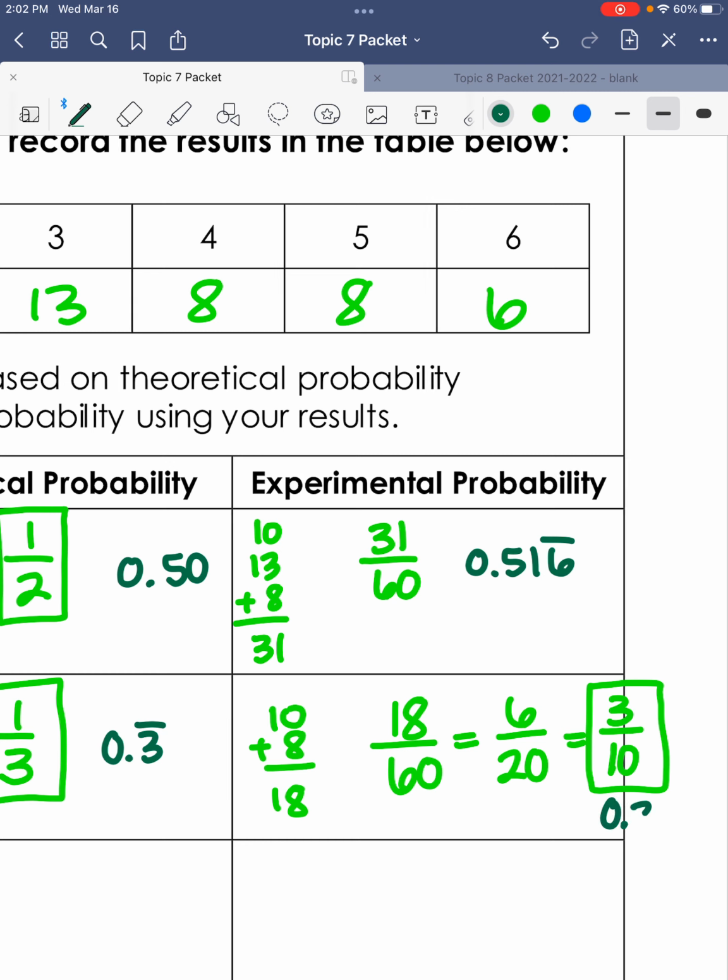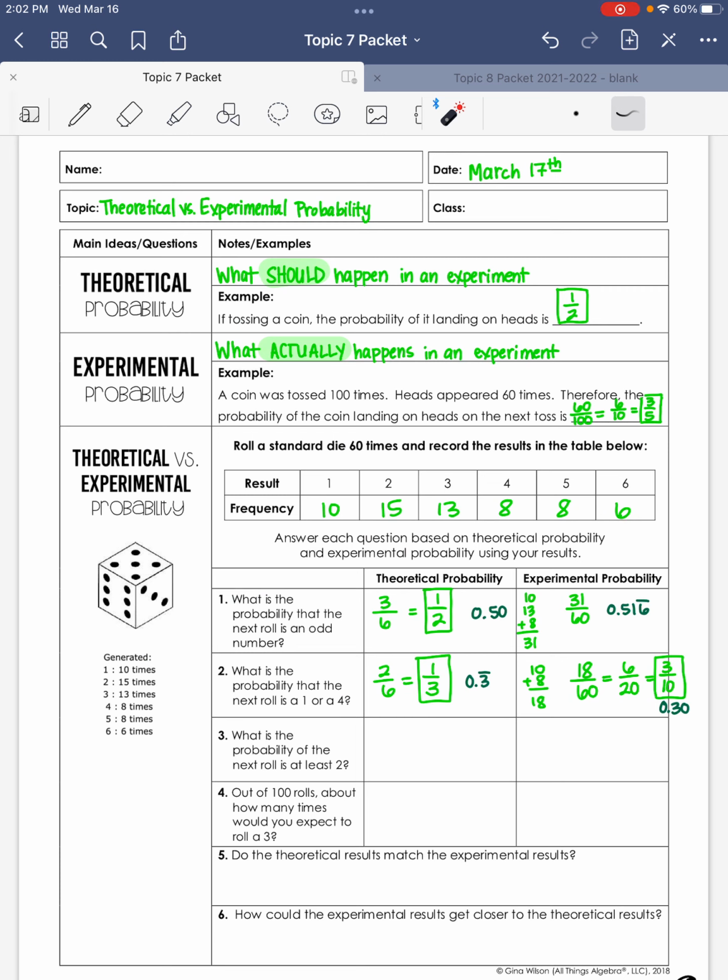So 0.3. So keep in mind that 0.30. So when I compare my 2 decimals, I can tell that this one is actually smaller than I expected it to be. Okay? Now let's look at number 3.